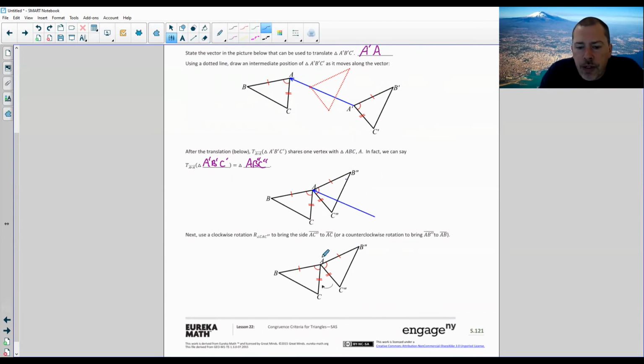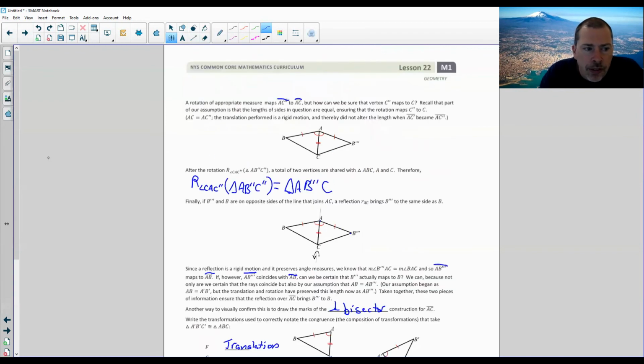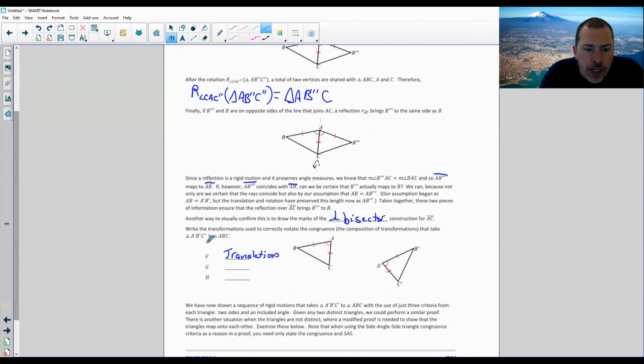Okay, translation. Then we did this thing right here, and that was a rotation. Now we're just writing down what we have just done. And then finally, this getting reflected across AC, H was a reflection.